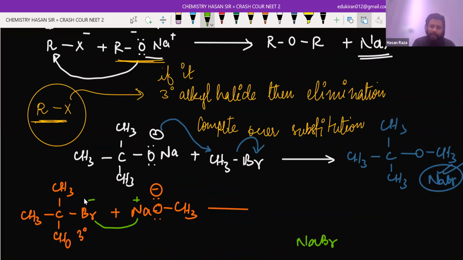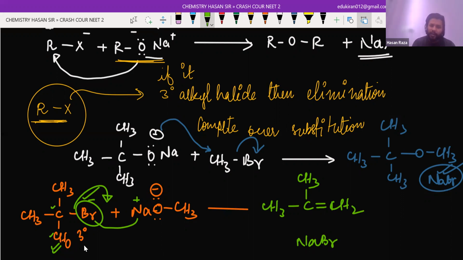Now what will happen? Since Br is eliminated, one of the hydrogens from an adjacent carbon will also be eliminated, and this is what you will get: C double bond, now hydrogen is not there, CH2, and then CH3. Br is a leaving group, and one hydrogen is also eliminated, so there is a double bond between the adjacent carbons, and alkene formation takes place.